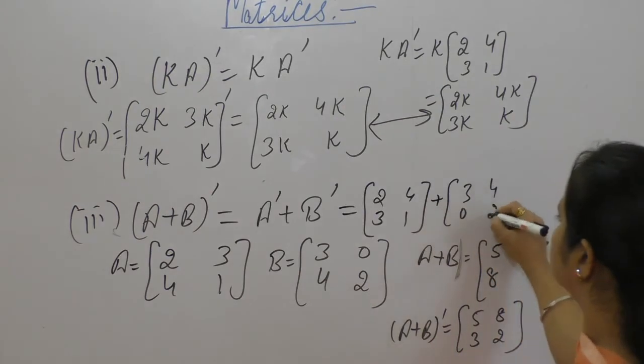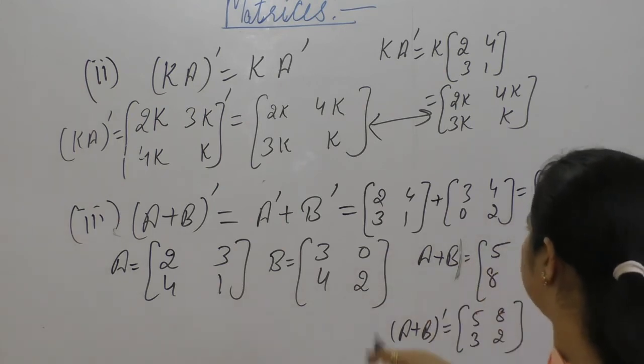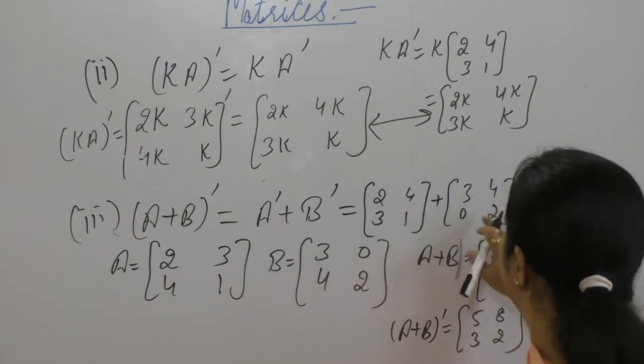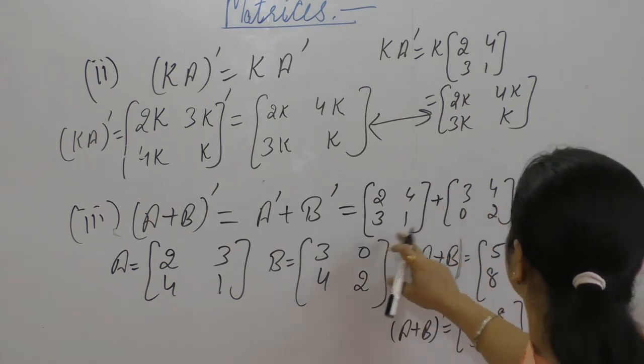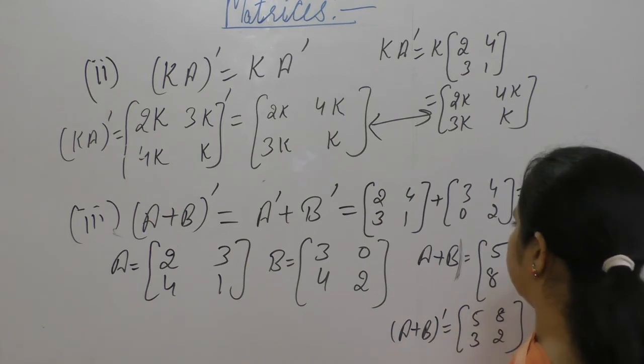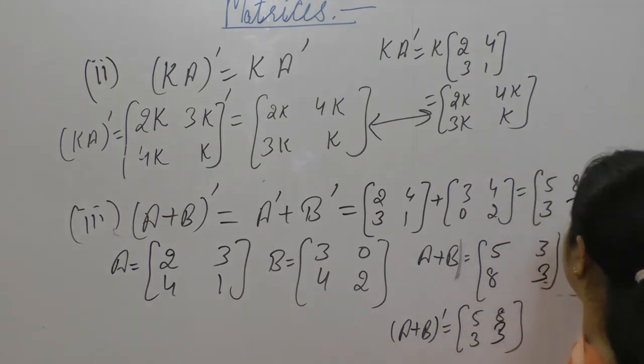Add the terms: 2 plus 3, 4 plus 4, 3 plus 0 and 1 plus 2, 3. So we get 5, 8, 3, 3.